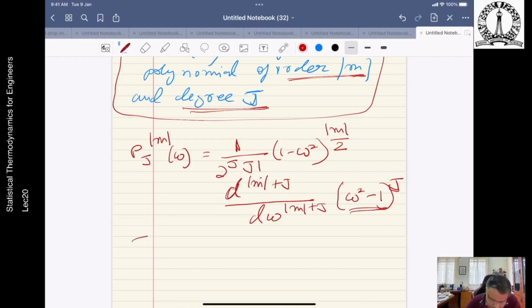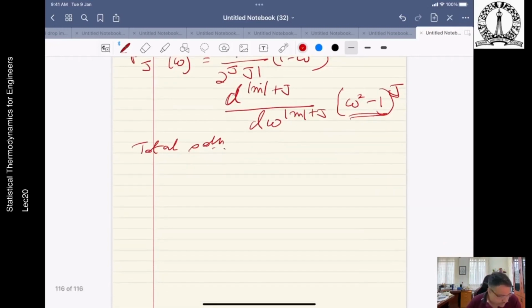So the total solution becomes, now we're in a position to write it, Y_j,m of theta comma phi.